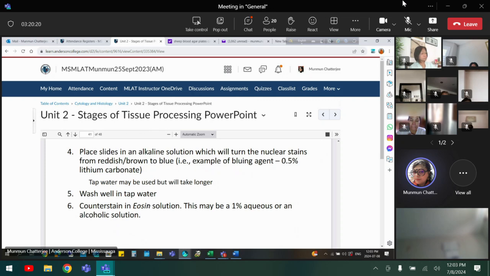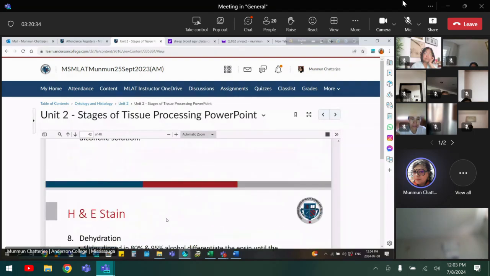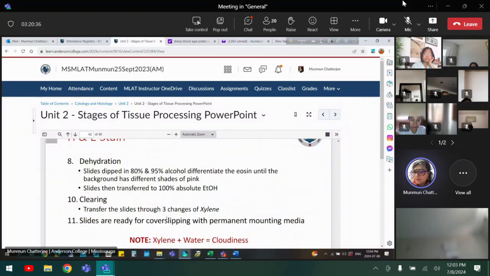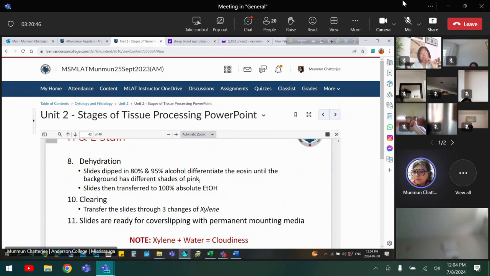So eosin is dissolved 1% in the alcoholic solution. For dehydration, slides are dipped in 80% to 90% alcohol to differentiate the eosin until the background has different shades of pink.